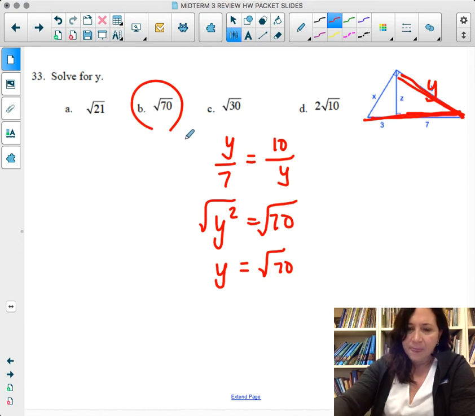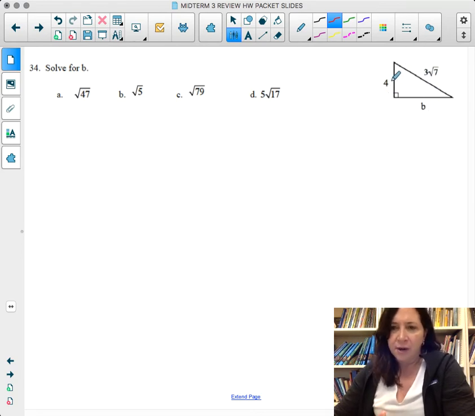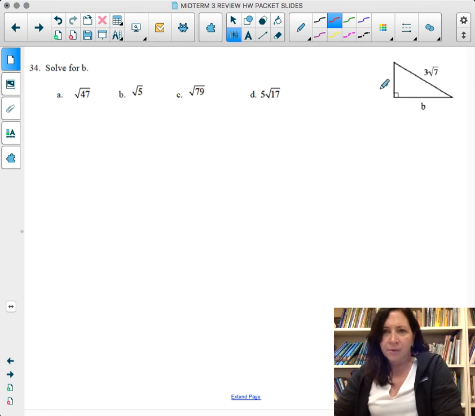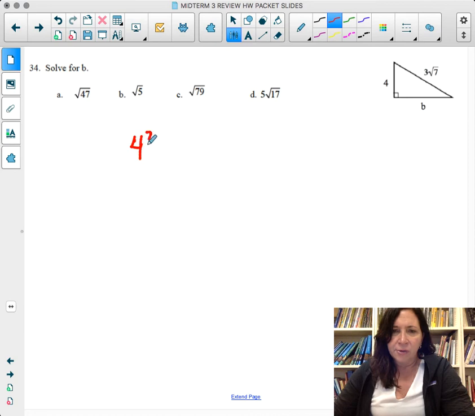Check. Next one. Solve for b. B is here. We don't know the types of angles, so it's not a special right triangle. So for this problem, we're going to use the Pythagorean Theorem. 4 squared plus b squared is equal to hypotenuse squared.